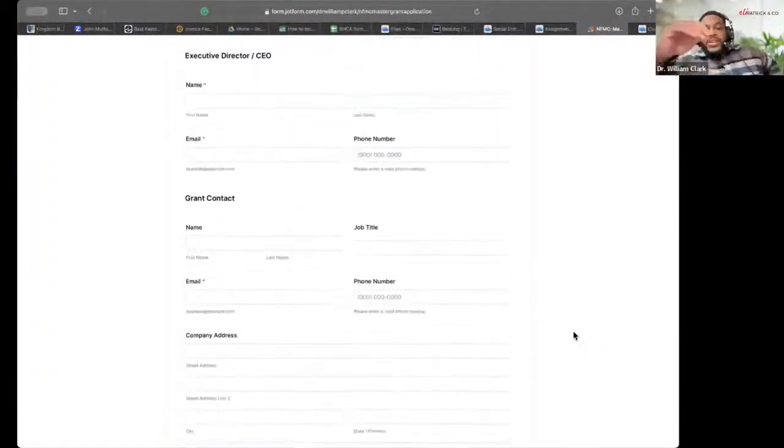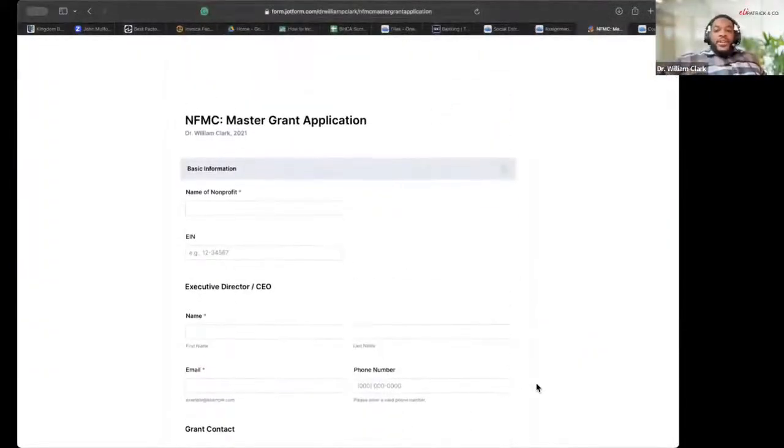The master grant application is a tool that I created for my customers to explicitly help them centralize core data about their organization and their key projects or programs, or a program or project that they're looking to get funded.